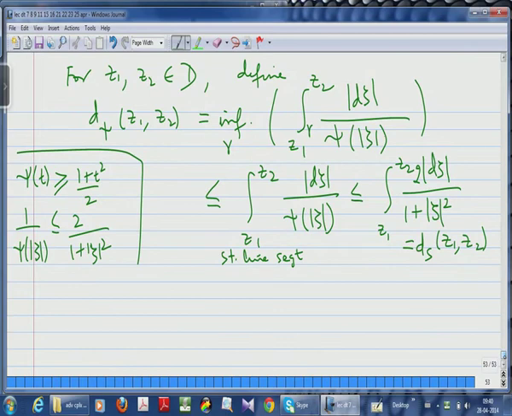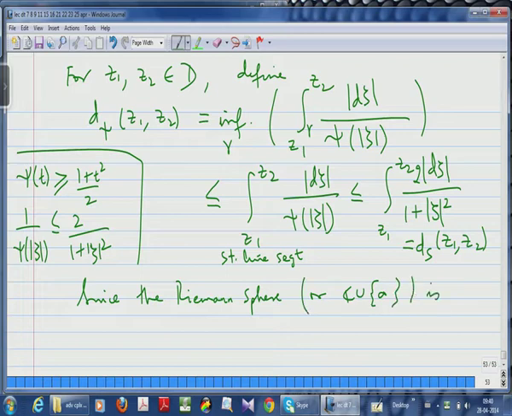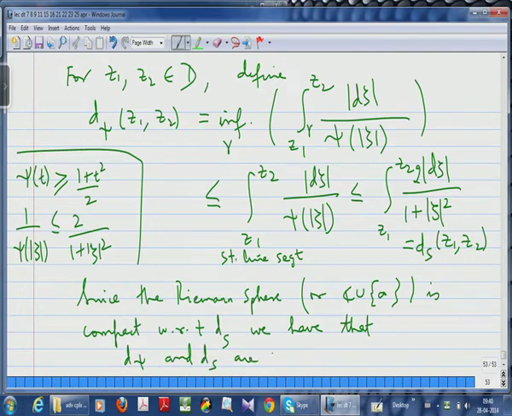So the point is that since the Riemann sphere, or you can just consider C union infinity, or the extended complex plane, is compact with respect to the spherical metric, we have that these two metrics d psi and ds are strongly equivalent.